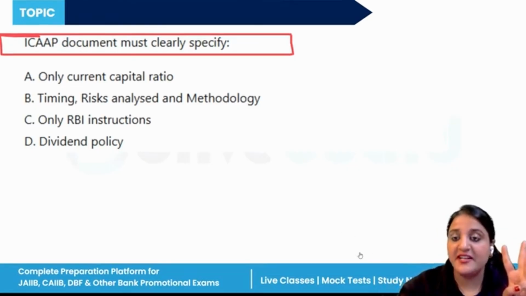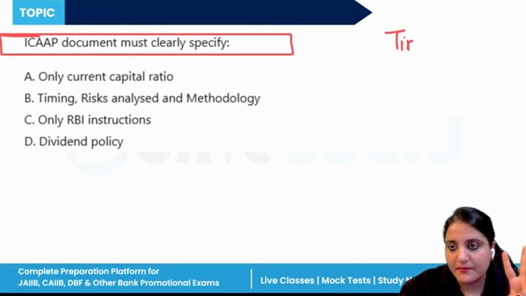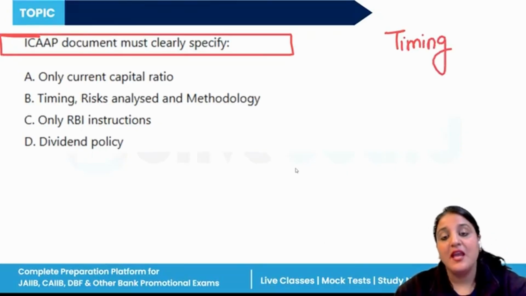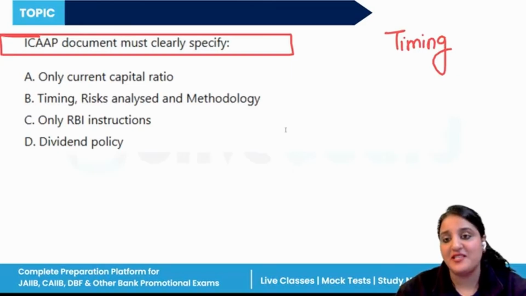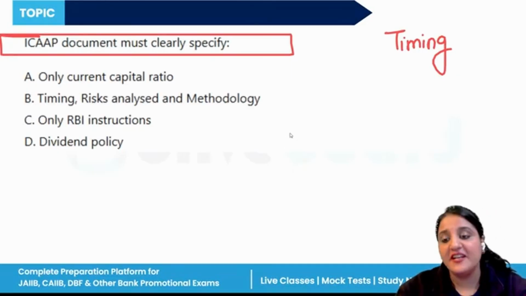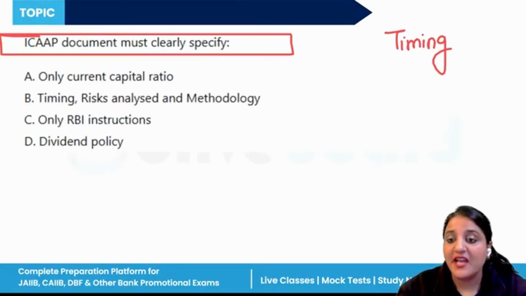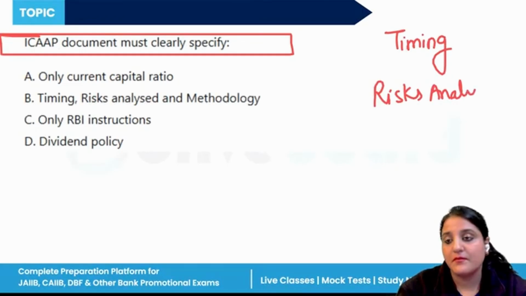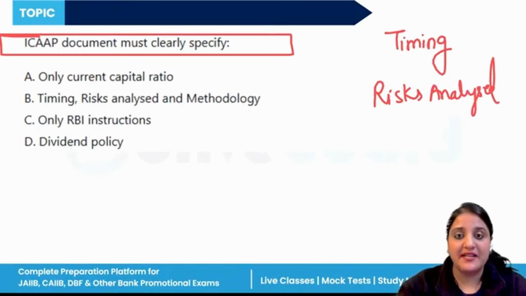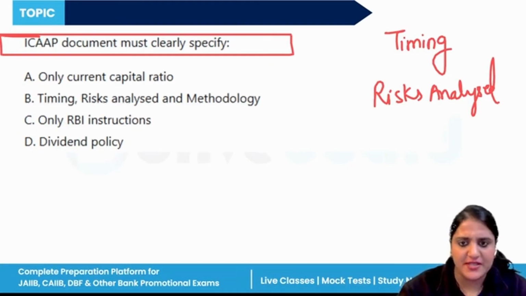First, the timings. Timings means when the ICAP document must specify when the assessment was done, what is the period covered. Then what are the risks analyzed, meaning credit risk, market risk, operational risk, liquidity risk, reputational risk, off balance sheet risk.